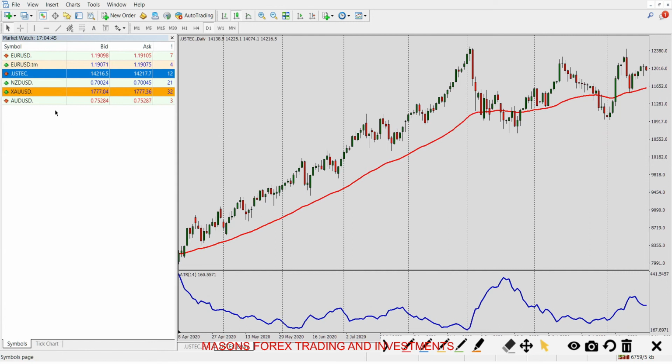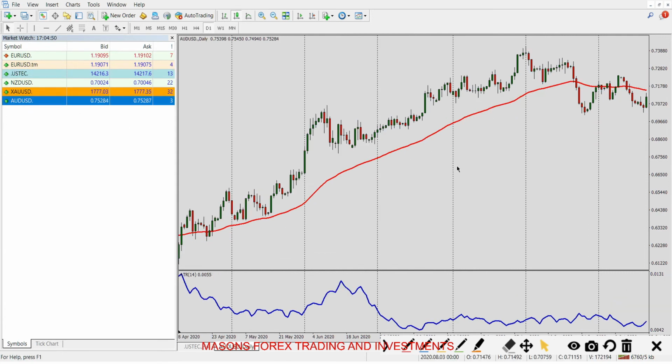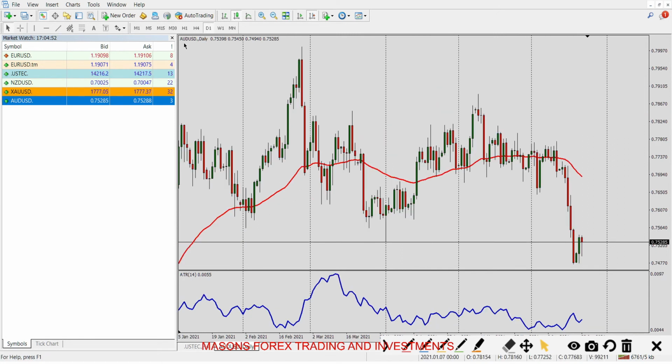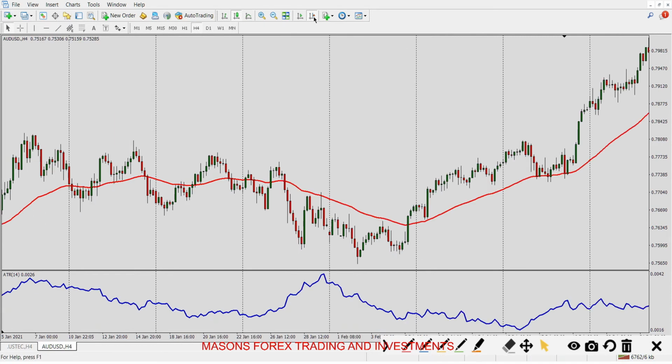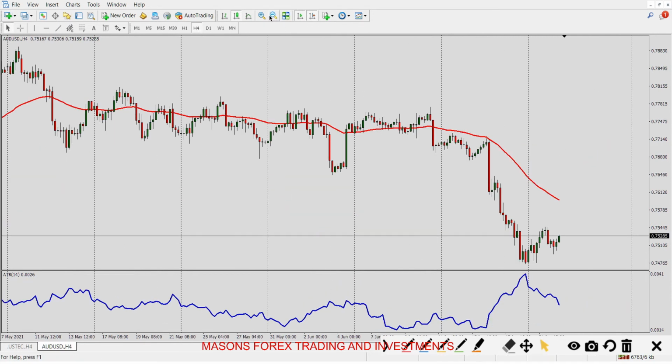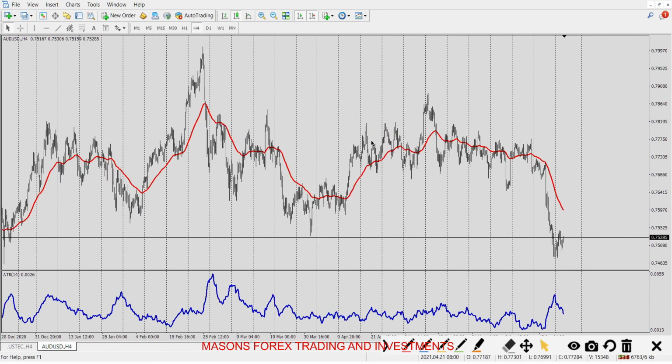Let's see if I can do one more example for the Australian dollar USD. Let us look at the 4-hour chart. If you notice, price comes into the significant level or area.